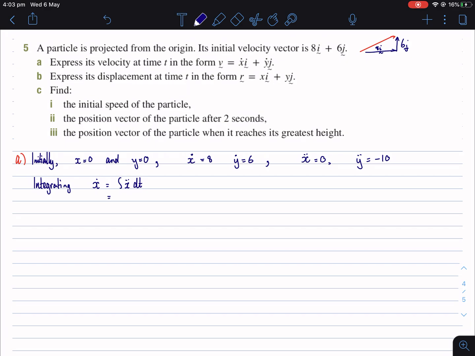So it's the integral of 0 dt, which gives me 0t plus a constant, c1, which just gives me the constant. The y component of the velocity is the integral of the y component of the acceleration with respect to time. So we've got the integral of -10 dt, which means it's -10t plus c2.